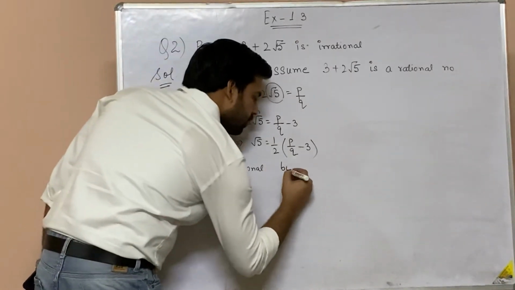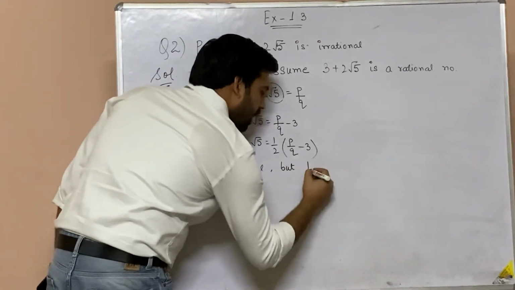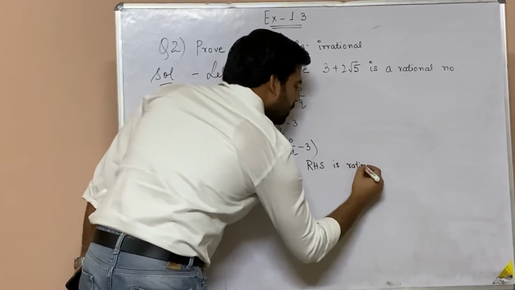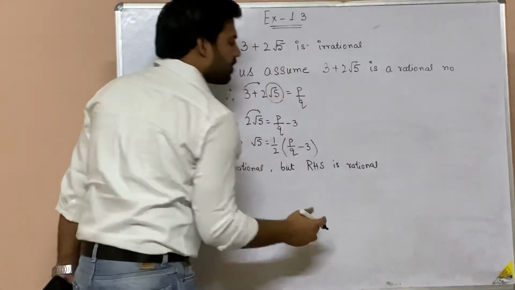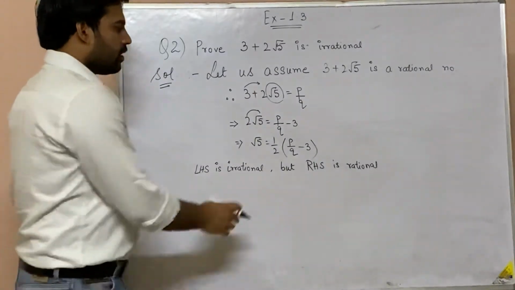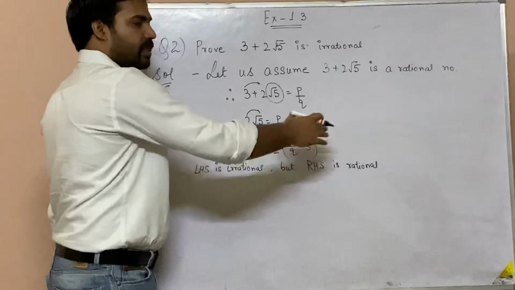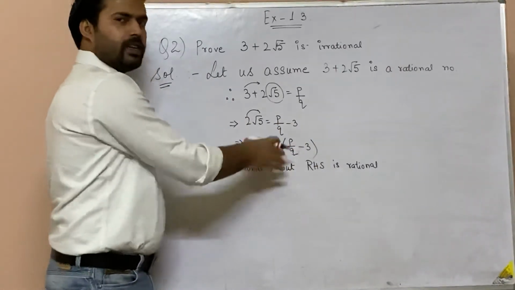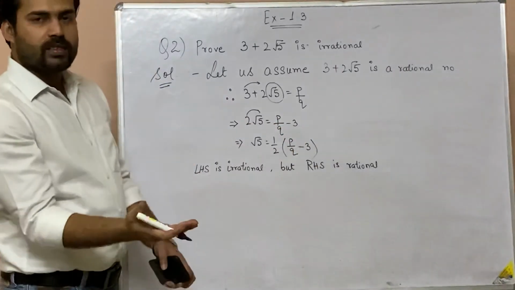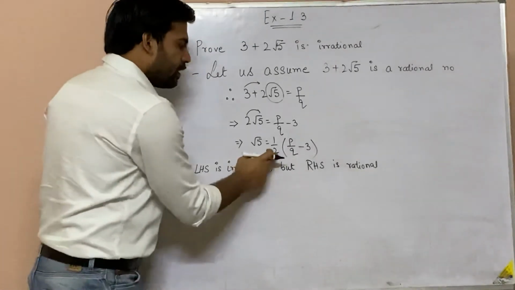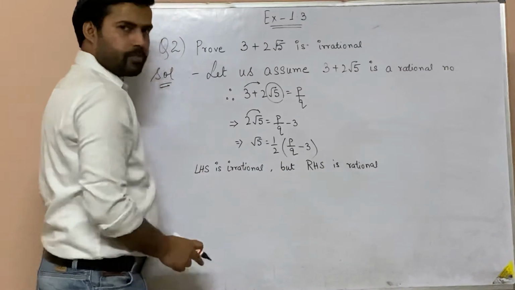But RHS is rational. Now you can say, how is RHS rational? See, this is in the form of p upon q, a division is there. If you take out the LCM and solve it, you will get one particular thing in the numerator and other things in the denominator. In that case, the denominator will comprise 2 and q.